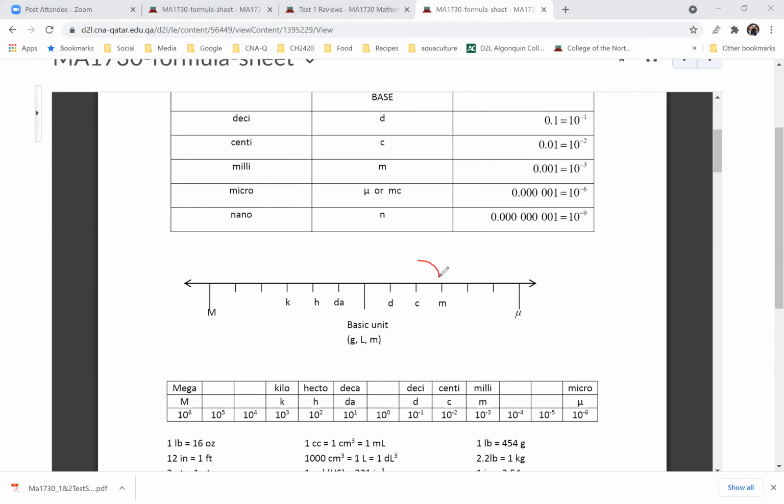If you're going left, you would go minus 6. If you were going right, I would go plus 6. Instead of doing 10 to the minus 6, you can just count the decimal places as well. It's whatever you want to use. But minus 6 would be going to the left. Positive 6 would be going to the right. Okay, thank you, sir. No problem.